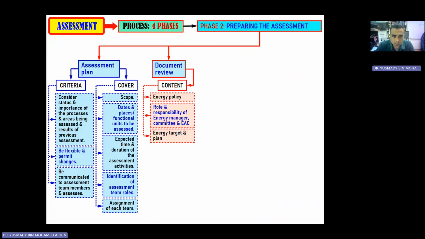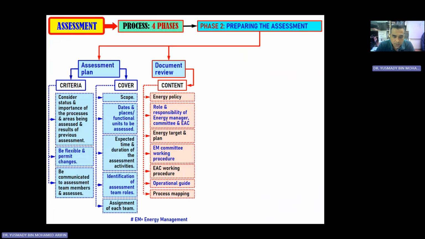Need to review in terms of energy target and also plan, energy management committee working procedure, EAC working procedure, Energy Accounting Center working procedure, operational guide, process mapping, and also the work instruction. So these are the content that need to be reviewed for the document.